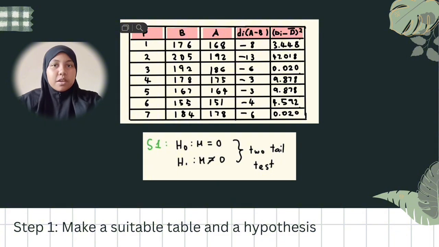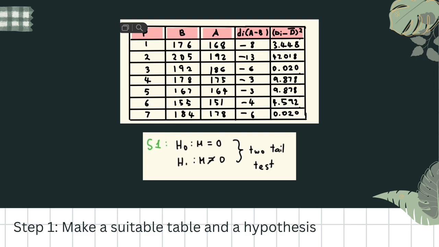I will explain question 4. First step, we have to make a table that contains participants before and after. We also need to add a column for D. To get the D value in the table, you take the after value minus the before value.